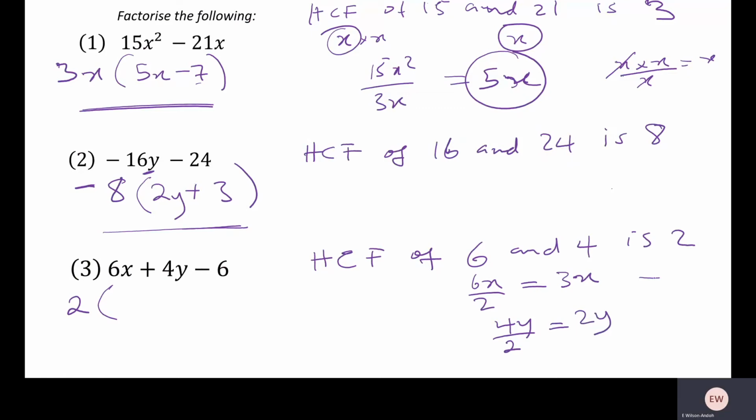And we come to the last one, which is minus 6 divided by 2, and this is equal to negative 3. So this will be the terms that will come into the bracket. So we are going to have 3x plus 2y minus 3. So we have factorized fully.